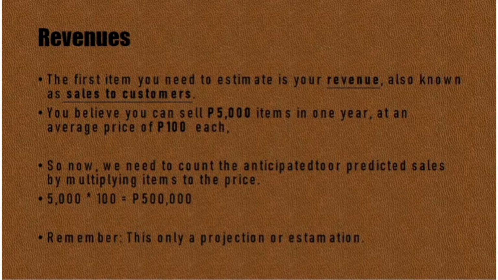So now, we need to count the anticipated or predicted sales by multiplying items by the price. Example, 5,000 times 100 is equal to 500,000 pesos. We need to remember, this is only a projection or an estimation.